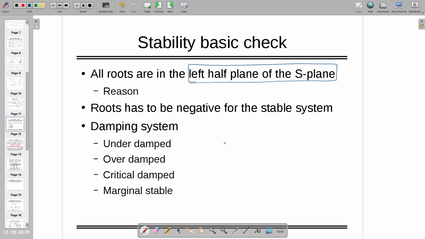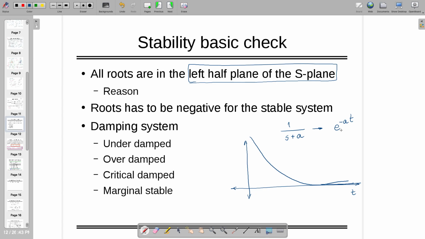Why? Because if you look at our previous system, something like this, which is just an RC, right? What is the time domain, if I convert this to time? If you draw this with respect to time, the amplitude goes towards zero.